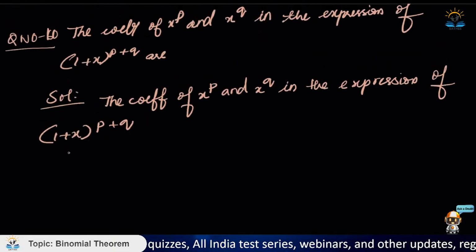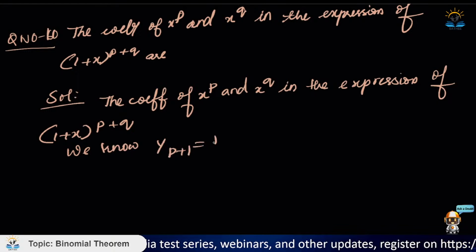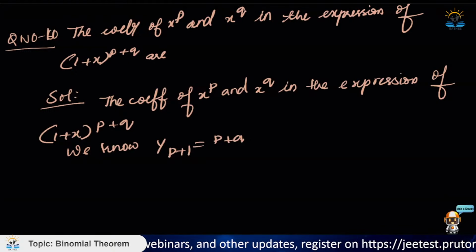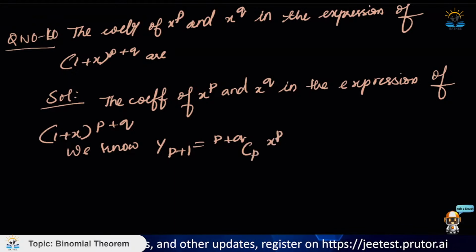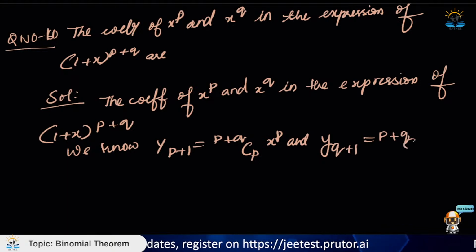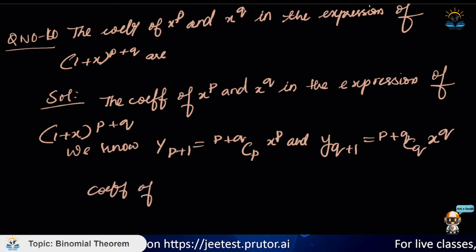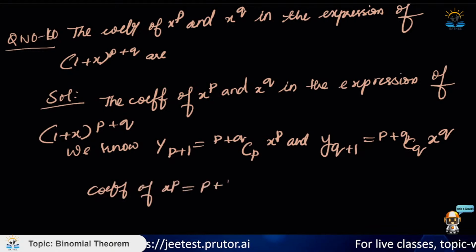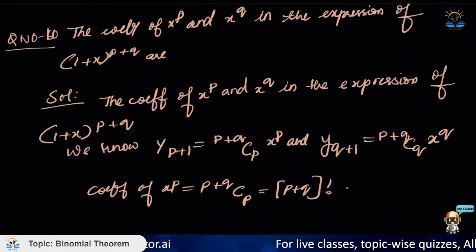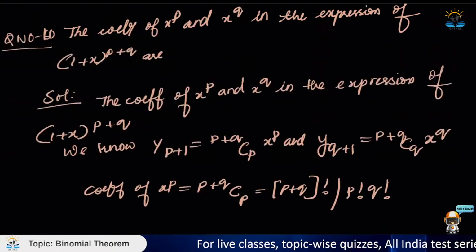We know r plus 1 is equal to p plus q, so we have (p plus q)Cp x to the power of p, and also r plus 1 is equal to p plus q for xq. So the coefficient of xp is (p plus q)Cp, that is (p plus q) factorial divided by p factorial into q factorial.